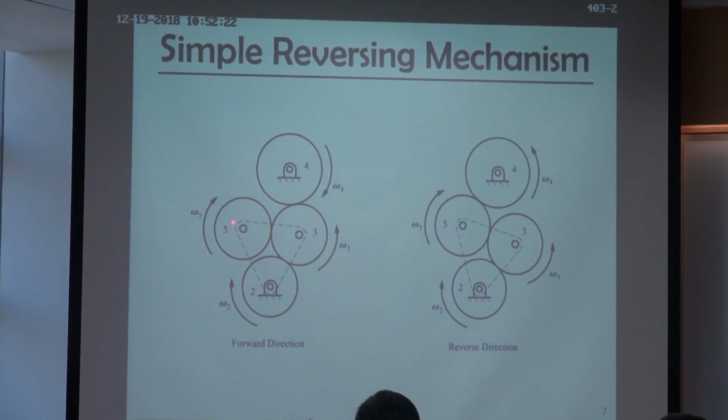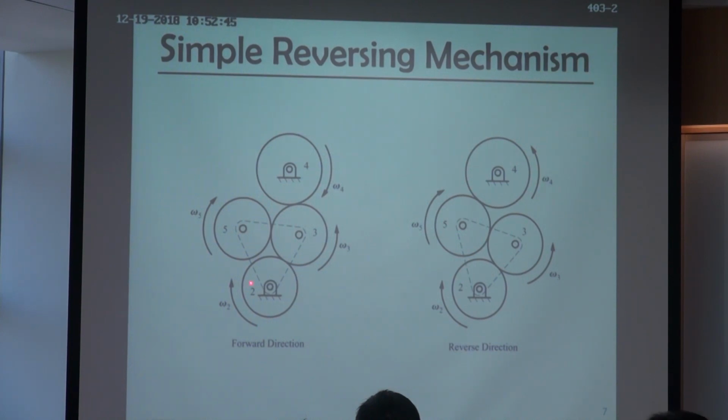So there's one mode for this linkage in this position. In this position, going from input link 2 to the output, it's going through gear 3 and to gear 4.